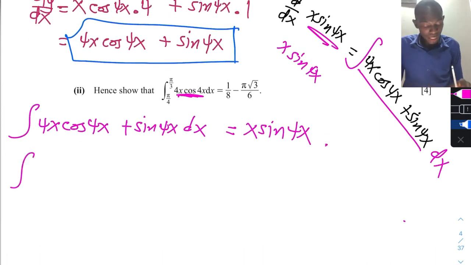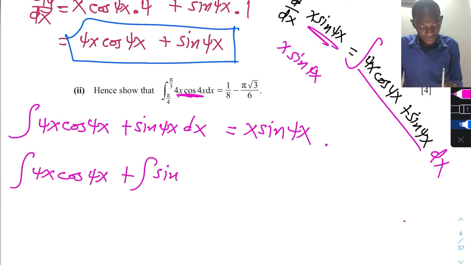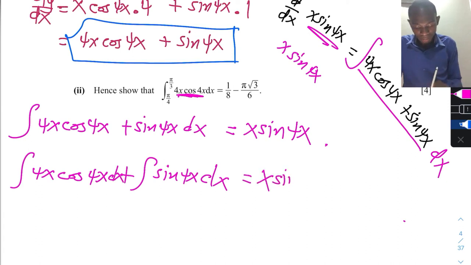If I split, I have the integral of 4x cos 4x dx plus the integral of sine 4x dx, and it's equal to x sine 4x.